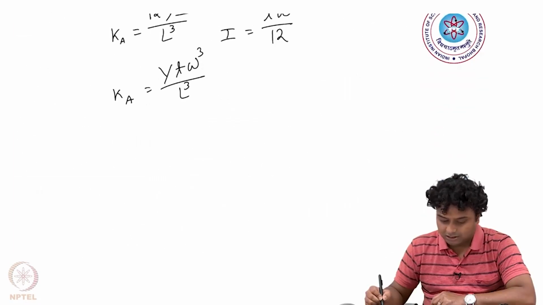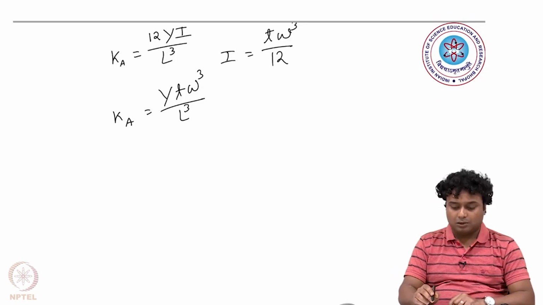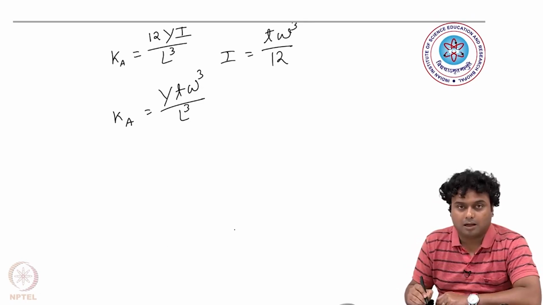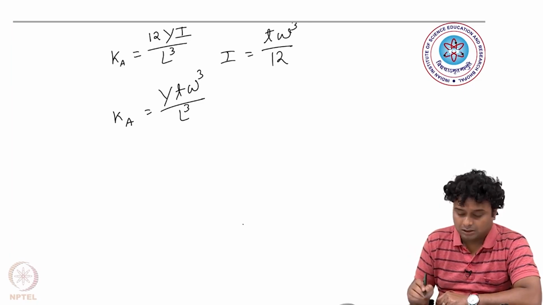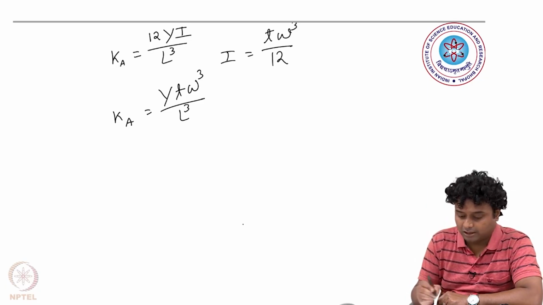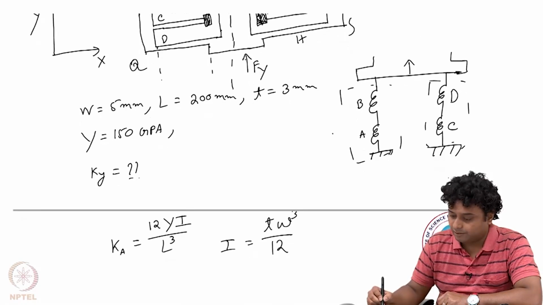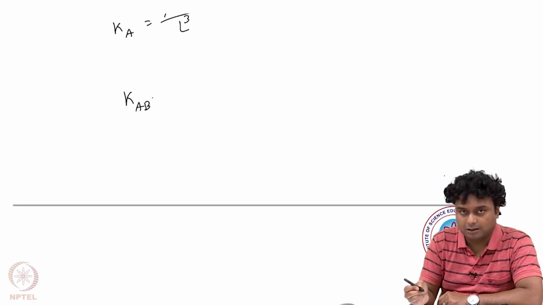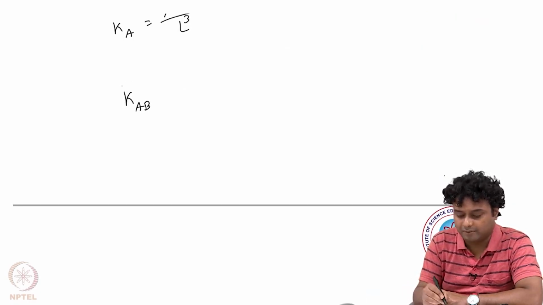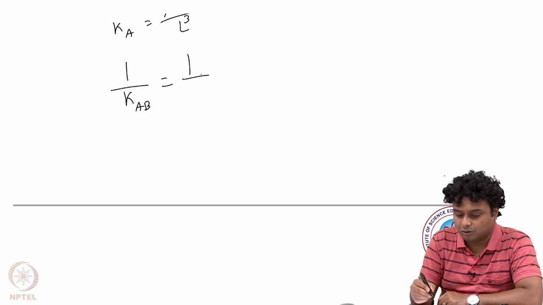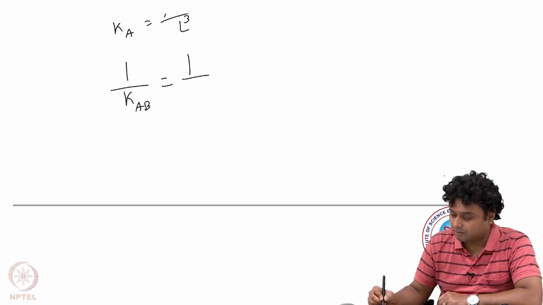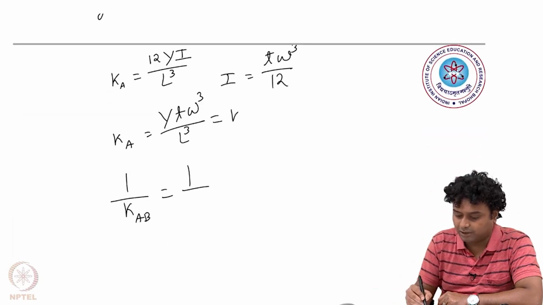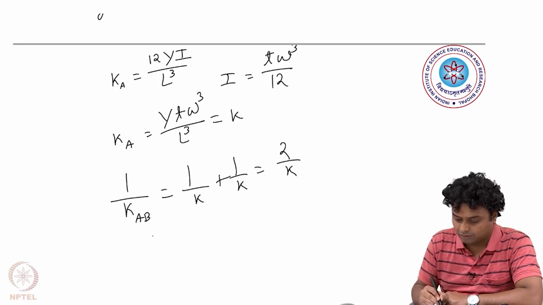So we know the formula Ka equals YTW cube by L cube, right, and from the series and parallel formulation of the spring mass system, we know that for A and B, which are in series, if we consider the equivalent stiffness constant to be KAB, then 1 by KAB is equal to 1 by KA plus 1 by KB, and let's assume both to be K. Okay, so 1 by K plus 1 by K is 2 by K. So KAB equals K by 2.